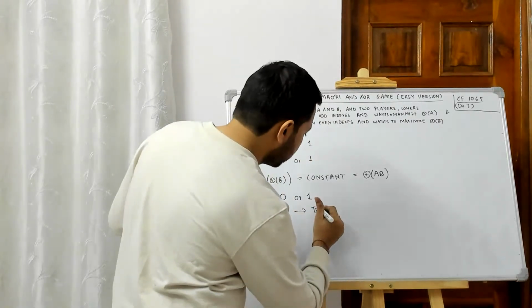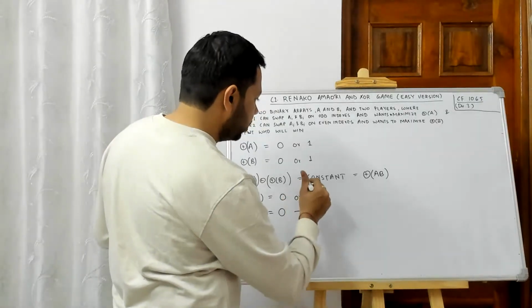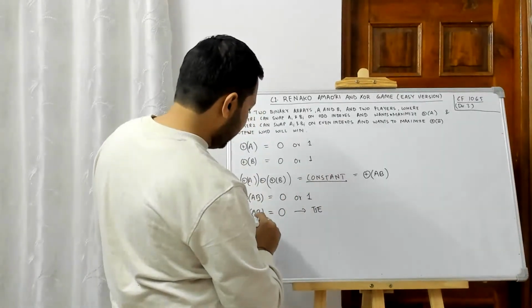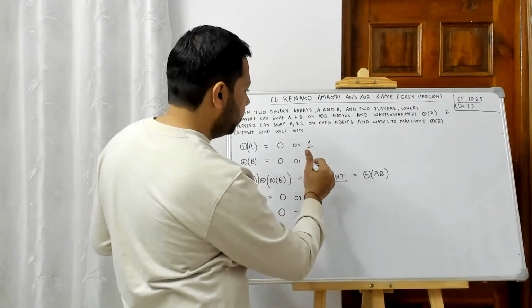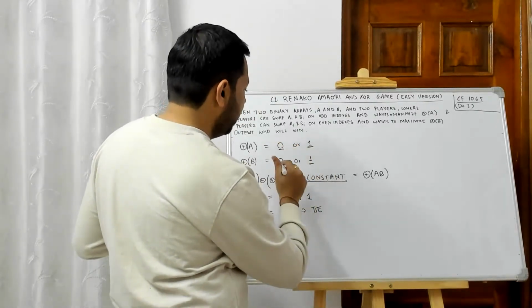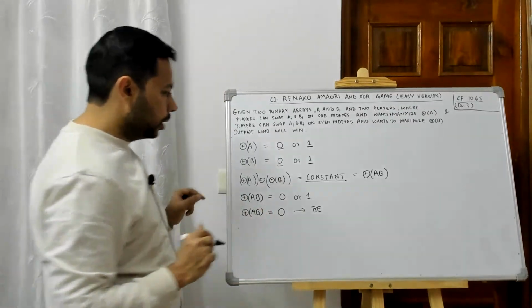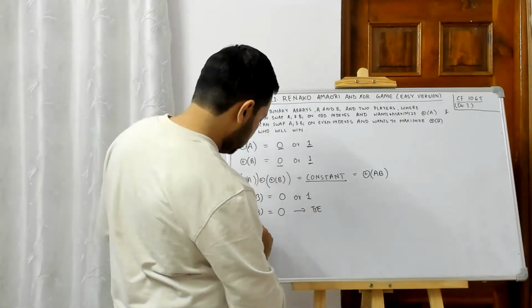The reason for this is, if XOR of AB is not going to be changing, then if A becomes 1, then B will also become 1. If A becomes 0, then B has to be 0. So these two are coupled if this is 0. So it has to lead to a tie.